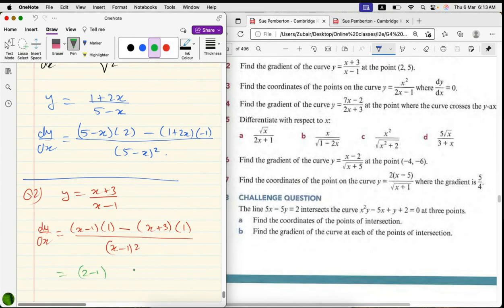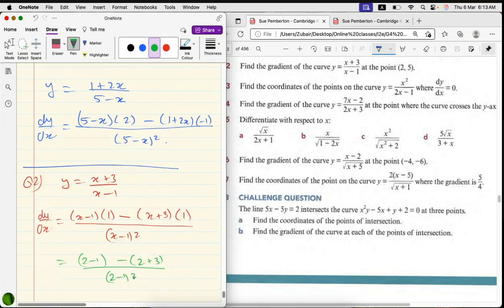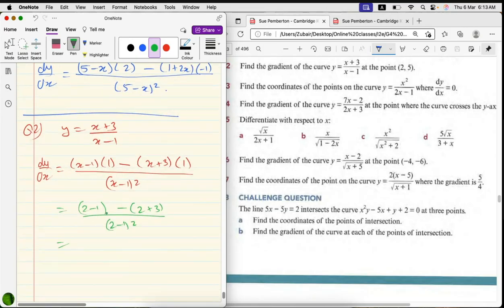So this is 1 minus 5 over 1 squared, minus 4. Okay, I see, I just did the subtraction part wrong.